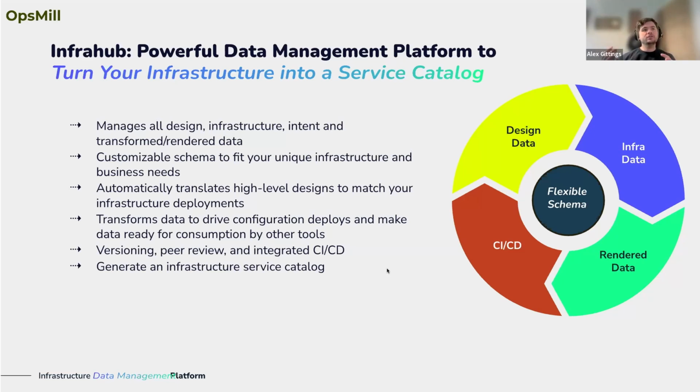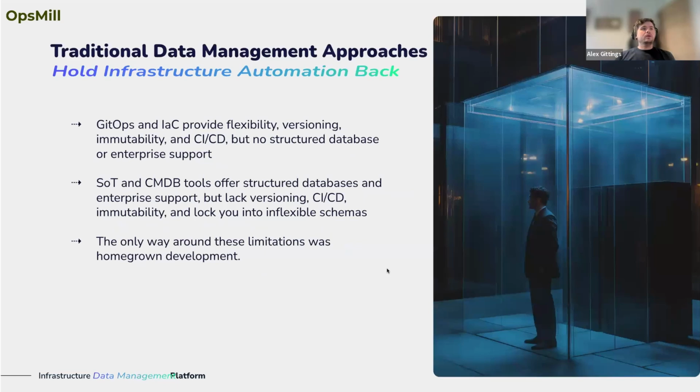Because of the flexible schema, we can do cool stuff around building a service catalog point of view, with services within Infrahub that generate information within the database on an automated basis. What we're really trying to do is combine a few different tools.